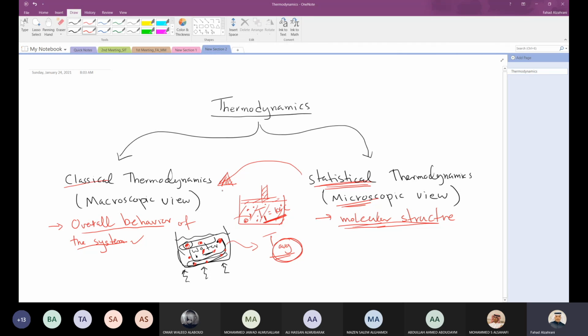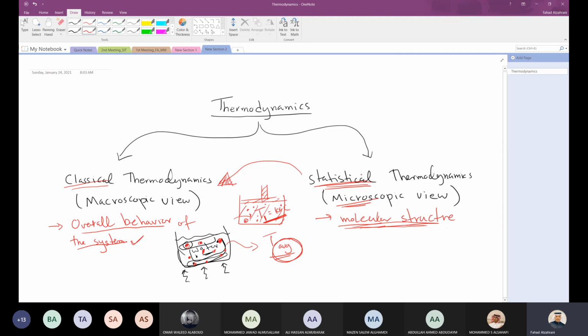What I was saying is about classical thermodynamics. When we look at the overall behavior, how did we prove that this overall behavior is correct? We related it to the statistical or microstructure behavior. This means classical thermodynamics is actually based on statistical thermodynamics.